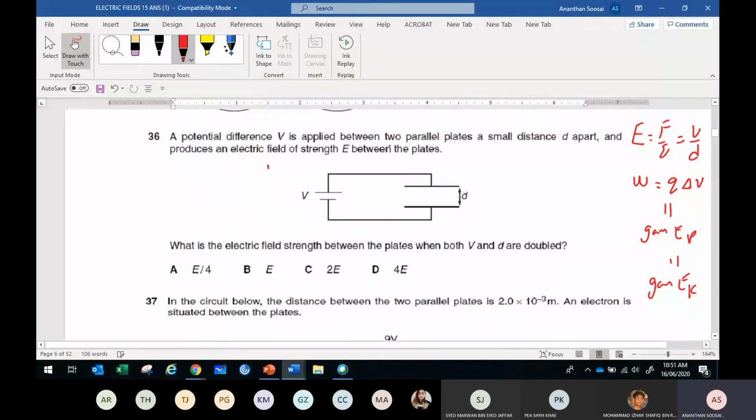What is the electric field when the plate voltage V and distance D are both doubled? V and D double, so E is still 2V over 2D, which is the same as V over D. So the field is still the same. So E.